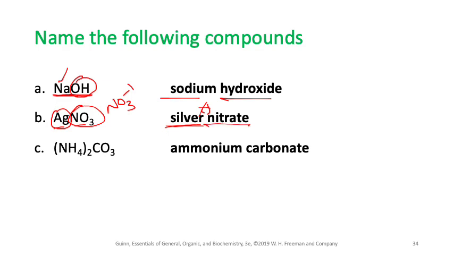So nitrate, not nitride. Whenever you have a polyatomic ion, you always use the name of the polyatomic ion. Then you have (NH4)2CO3. In this compound, both are polyatomic ions, one positive and one negative. So you just write the names of the polyatomic ions. NH4 is ammonium, CO3 is carbonate. So ammonium carbonate, that's it. This is how you name ionic compounds containing polyatomic ions.